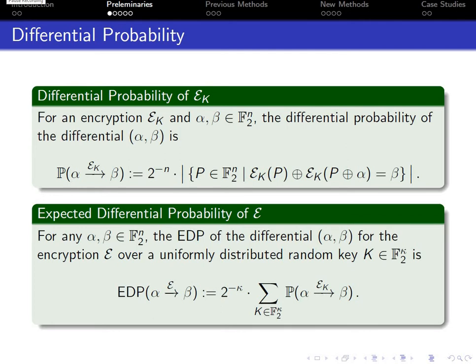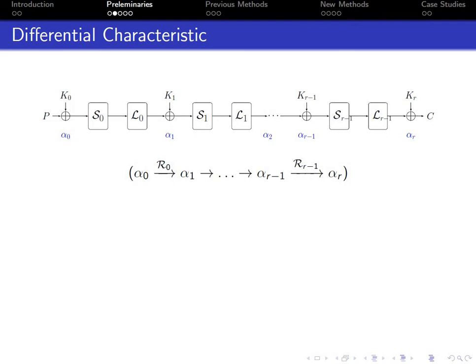Since finding a useful differential is not easy to do, the attacker reduces the problem to finding one or several differential characteristics, but with the same input difference alpha and output difference beta. In a differential characteristic, the difference in the input and in the output of each round is known, and here we show these values by alpha_i values.